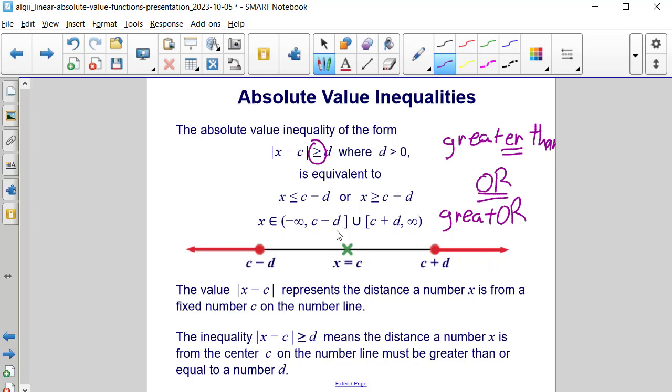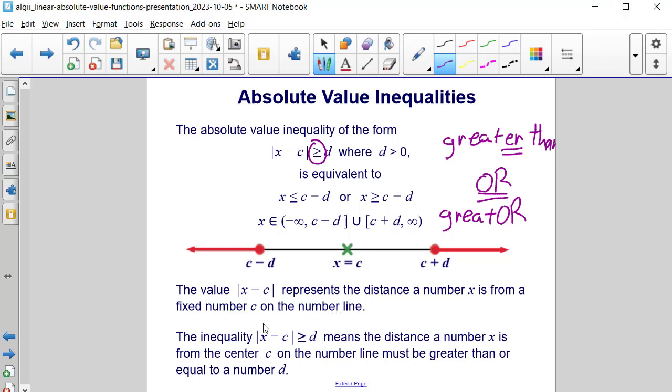When writing it in interval notation, it will be that x is contained in the set of numbers from negative infinity to c minus d, and because we have the equal to, we have a closed bracket, in union with another closed bracket from c plus d to infinity. So the value of the absolute value of the quantity x minus c represents the distance a number x is from a fixed center point or number c on the number line.